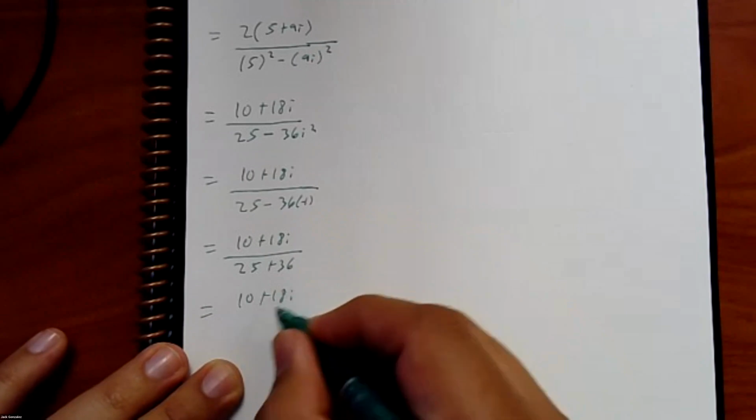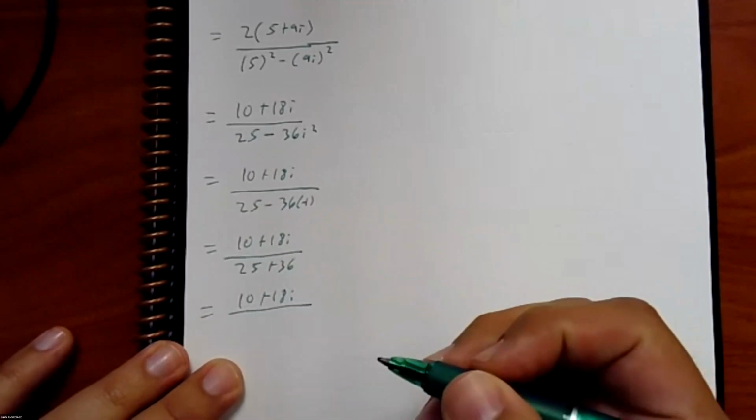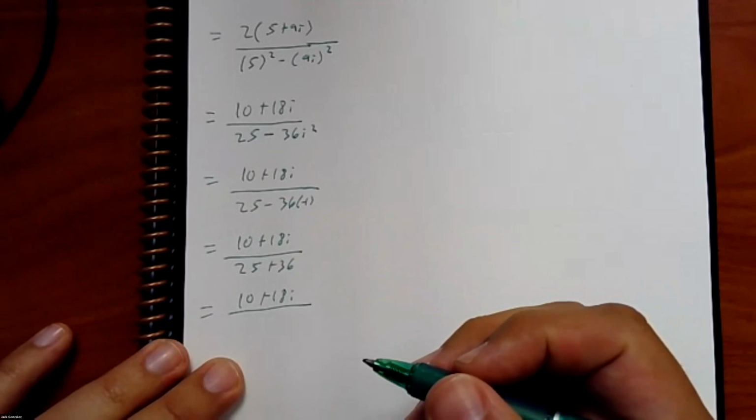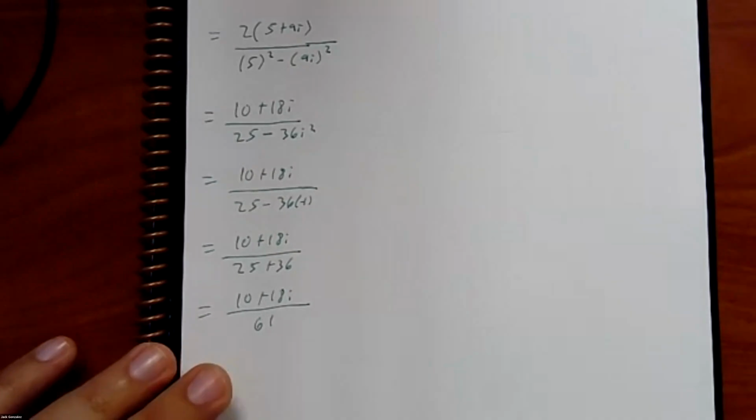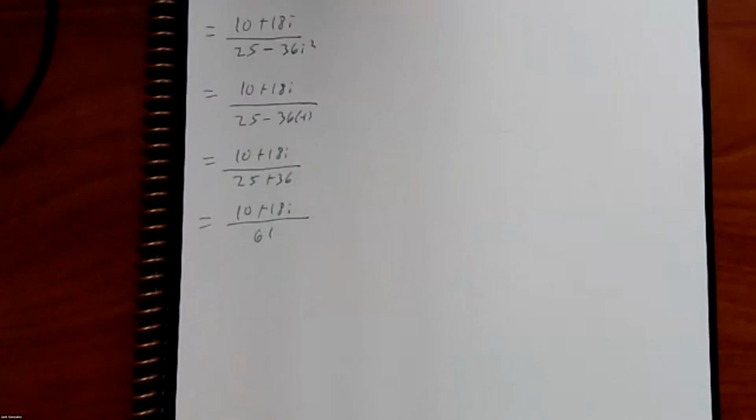We're good. 25 plus 36, what is that? 61. Is that right? Pretty much it. Anyway, is there any question on this section? Is it all right? Is it strange? Is it easy?